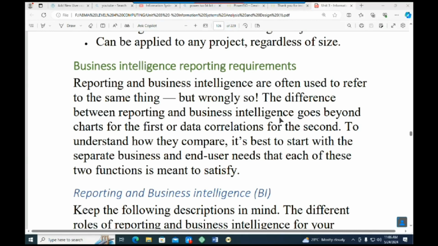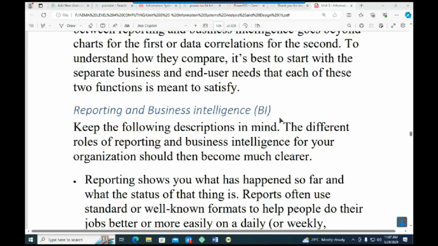Business intelligence is much more detailed and focuses on charts. It is going to look at the charts for the first data and even the data correlations for maybe the second group of data. So it is going to actually compare the first group and the second group.